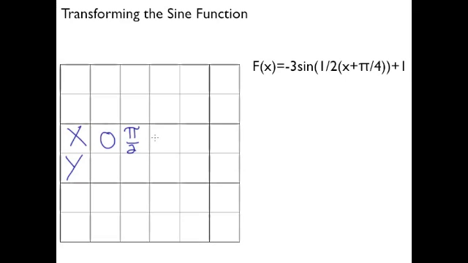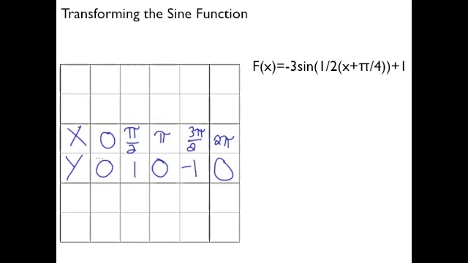The next would be pi, then 3 pi over 2, and then 2 pi, because that's one cycle. Now the y values would be 0, because the height would be 0 there, 0, 1, 0, -1, and 0 again.